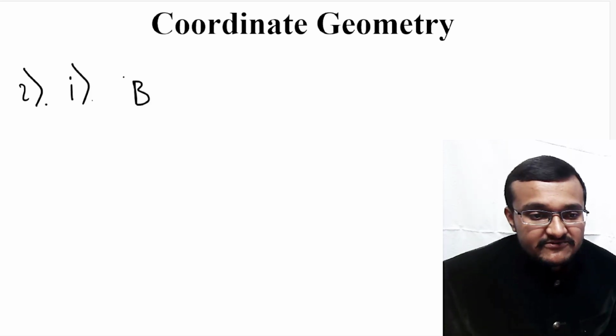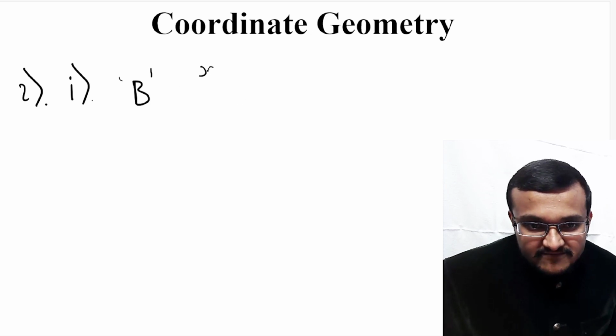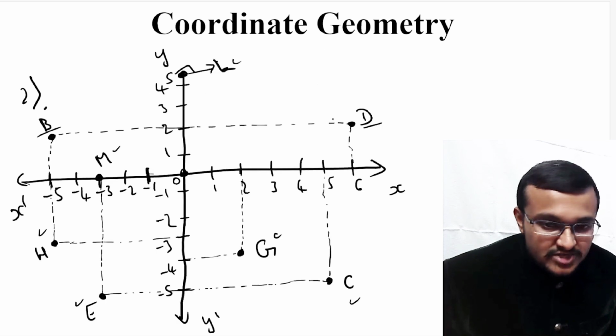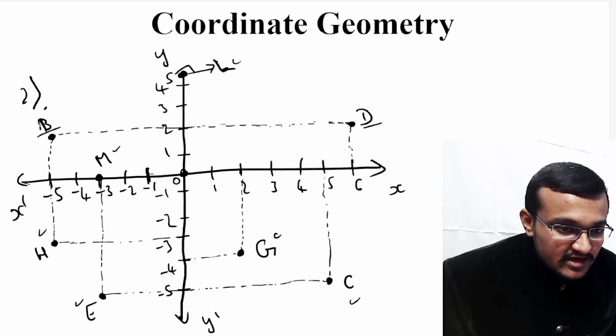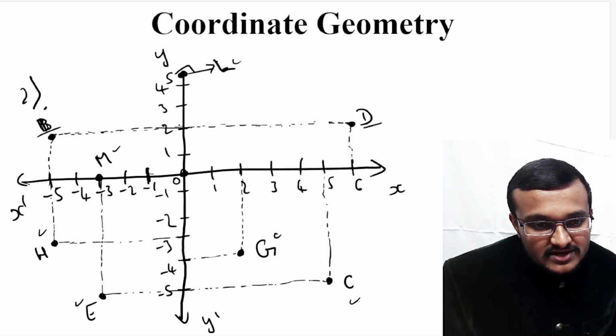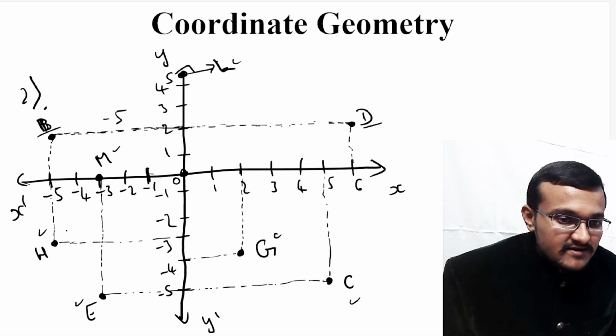In the first question, you have to mention the coordinates of point B. For point B, you have to identify the x-coordinate and the y-coordinate. The x-coordinate is the coordinate found by the line perpendicular to the y-axis. So here we have point B. If you draw a perpendicular line to the y-axis like this, this acts as the x-coordinate for B. The length of this x-coordinate is minus 5.